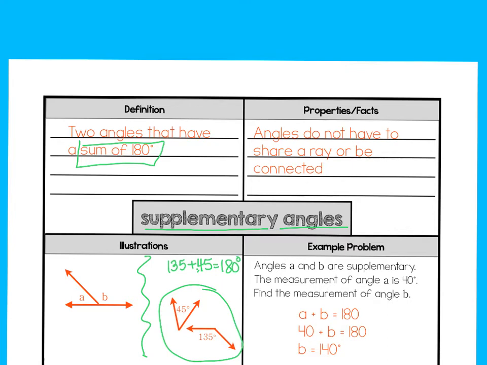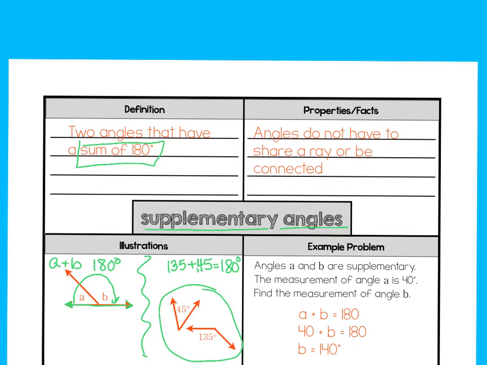The other type of supplementary angles would be two angles that form a straight line. So if you notice here, you have a straight line, and the two angles, if we were to put them together, form that straight line, and the angle measure of a straight line is always 180 degrees. So A plus B equals 180.